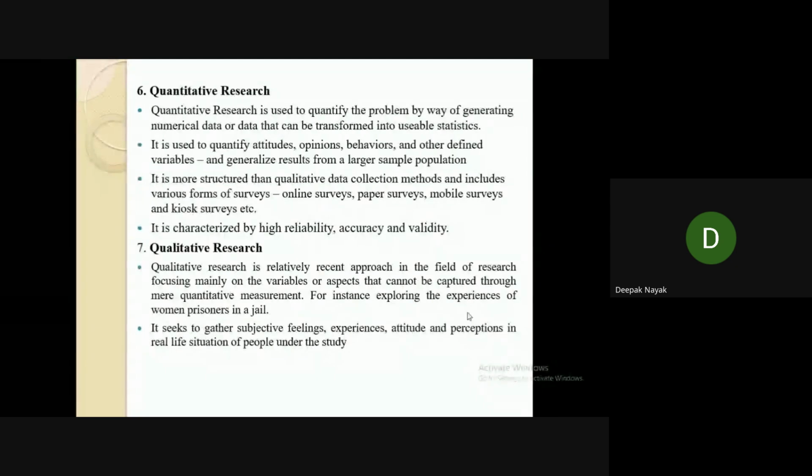But in quantitative research, you believe in numbers and you want to prove things through numerical statistics. And if your numerical treatment of the research is correct, then it is more reliable, more accurate, and more valid.